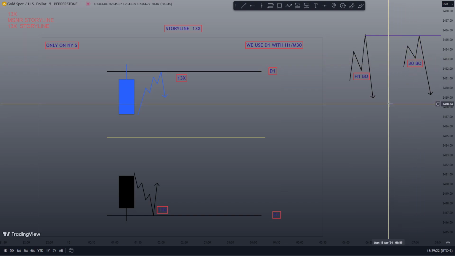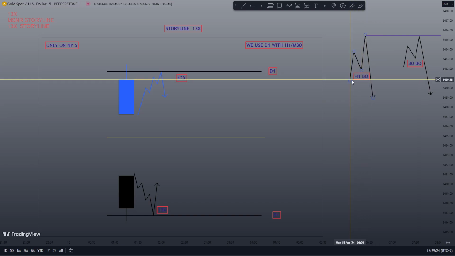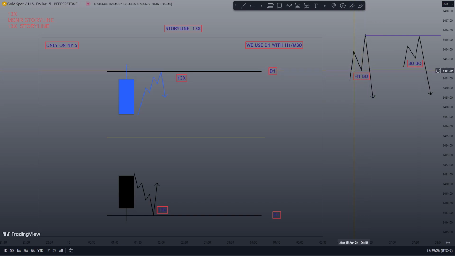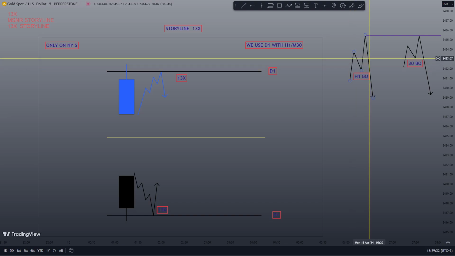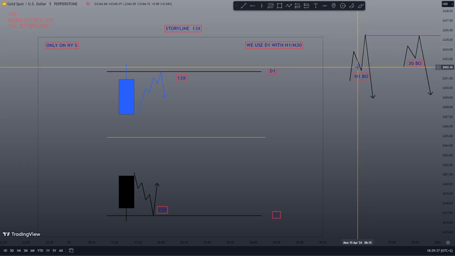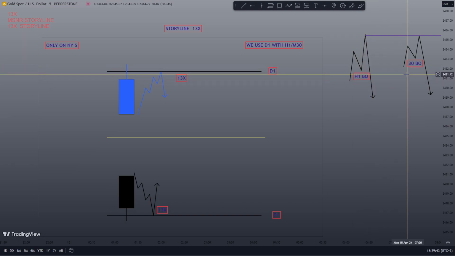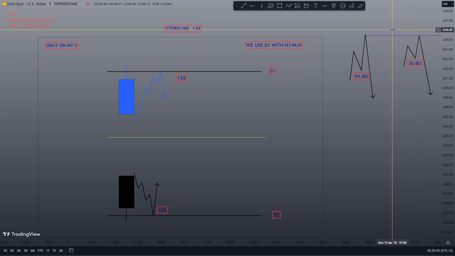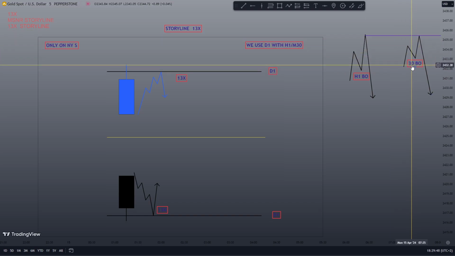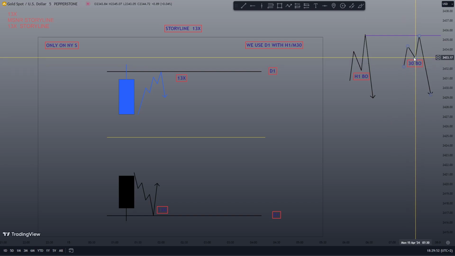We pick the most recent one. If the last A or V level that got created before price touches our daily level is on H1, we pick H1 breakout. If it is on M30, we pick M30 breakout.